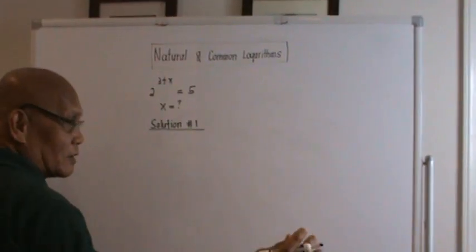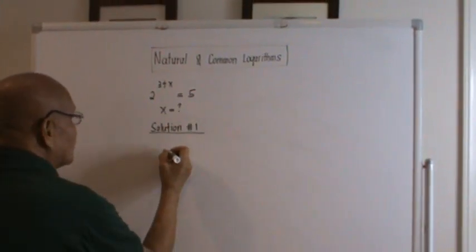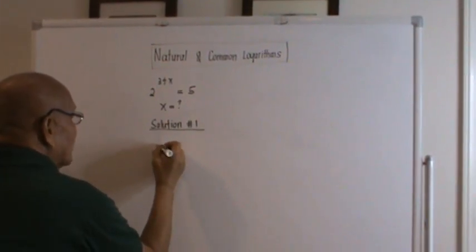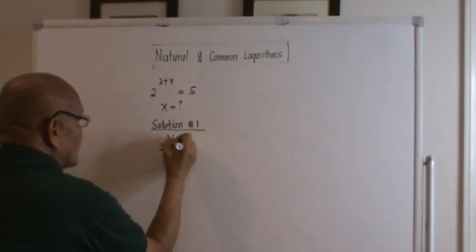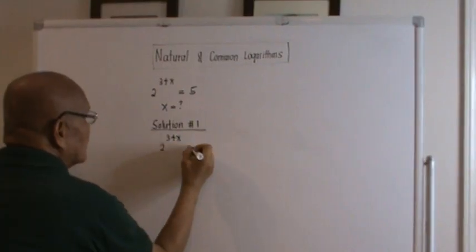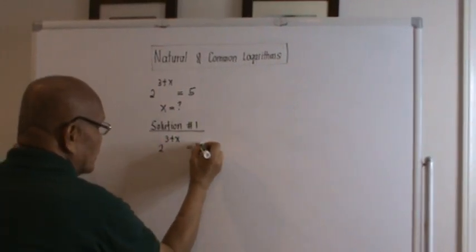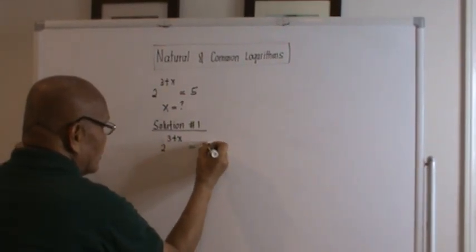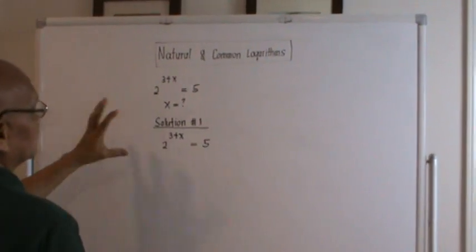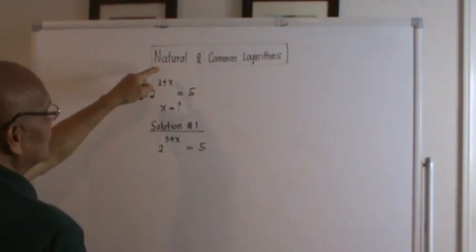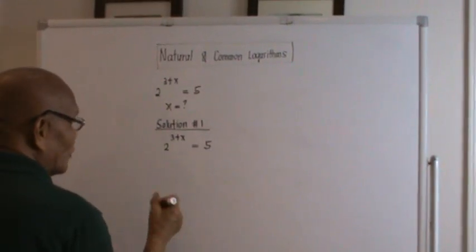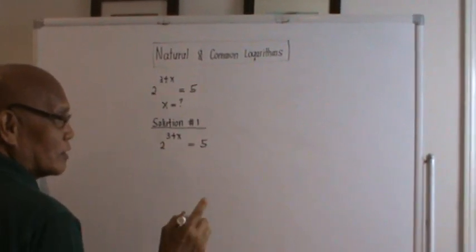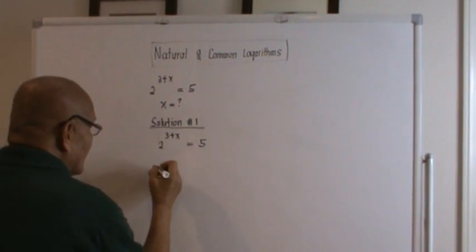If I try to bring out the solution, it will be something like this. We rewrite the given equation, 2 raised to 3 plus x, equal to 5. By presenting the natural logarithm solution, I will take the natural logarithm of both sides.